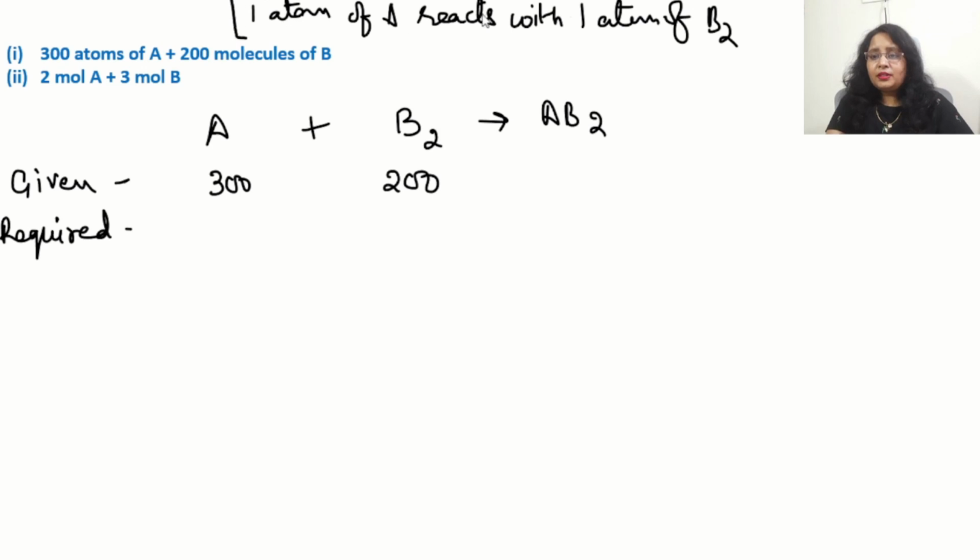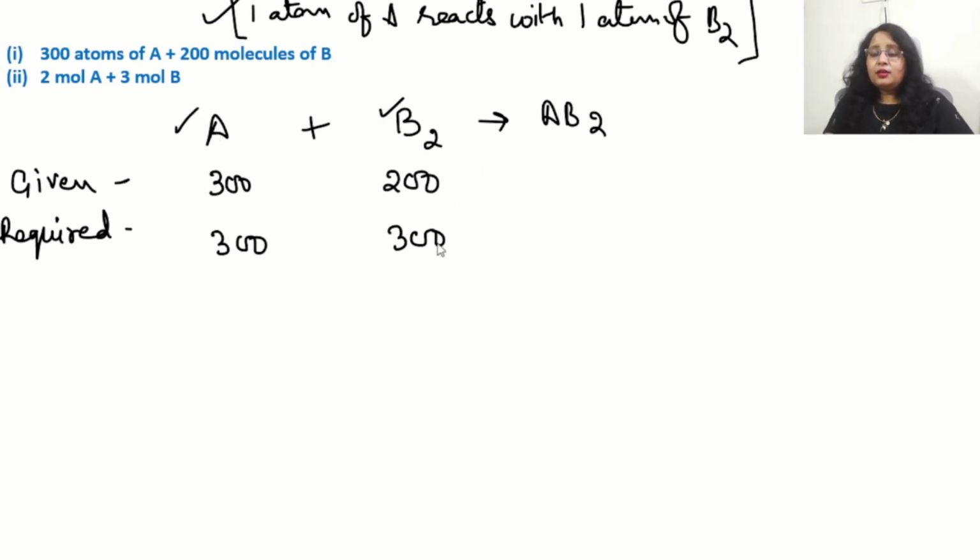So keeping this basic quantity in mind, we should say that if we take 300 atoms of A, then we need 300 molecules of B2 according to this actual reaction. Now we will fix the quantity of A. We will compare the quantity of B2 here.